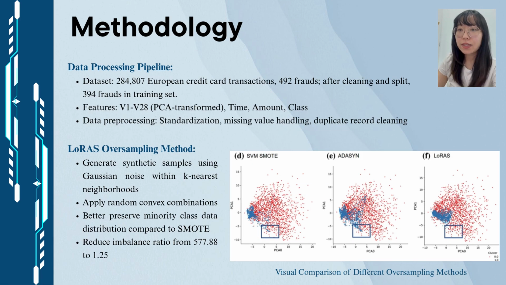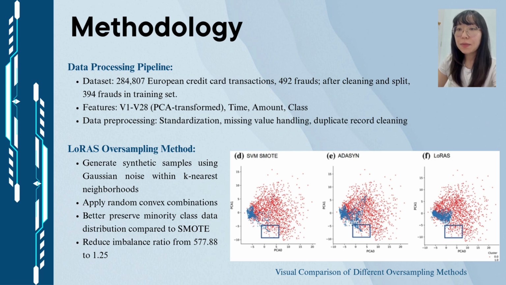This research uses a real European credit card transaction dataset with over 280,000 records, of which 492 are fraudulent. After data cleaning and train-test splitting, the training set includes 394 fraud cases. All features were standardized and reduced using PCA to reduce noise and improve learning efficiency.